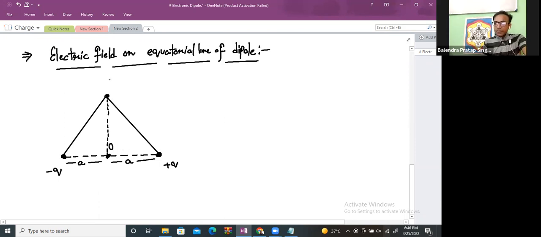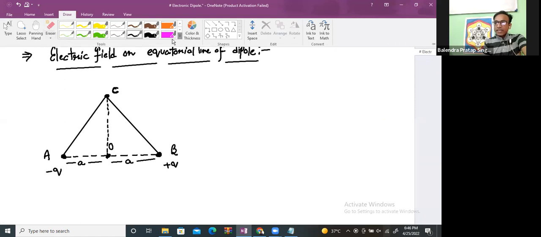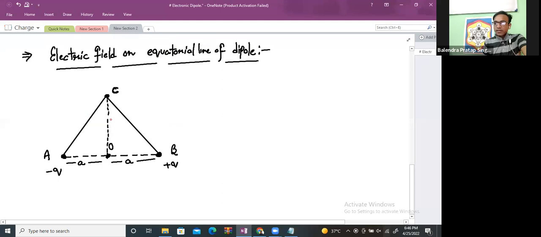The point where we want to find the electric field I'm calling point C, this is point A, and this is point B. The distance of point C from the origin is small r, so OC is r, and AO is small a, and BO is also small a. This is our diagram. Now consider the triangle AOC.